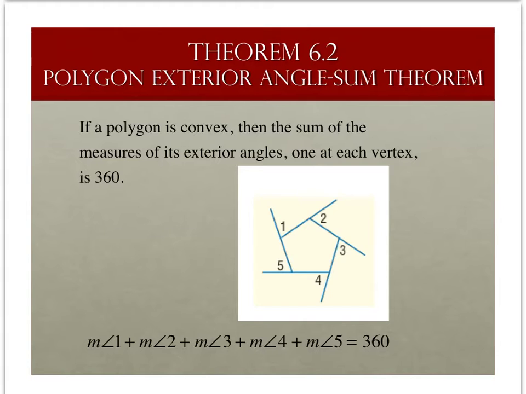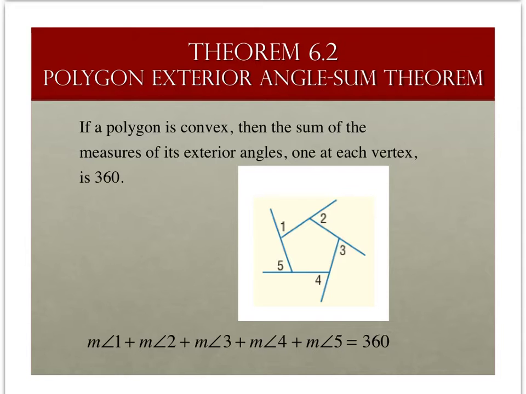Now the polygon exterior angle sum theorem is how we know that the total measure of the exterior angles of a polygon is 360. If a polygon is convex, then the sum of the measures of its exterior angles, one at each vertex, is 360 degrees. Looking at my pentagon here, if I take angle 1, angle 2, 3, 4, and 5 and add them all together, they will equal 360 degrees.